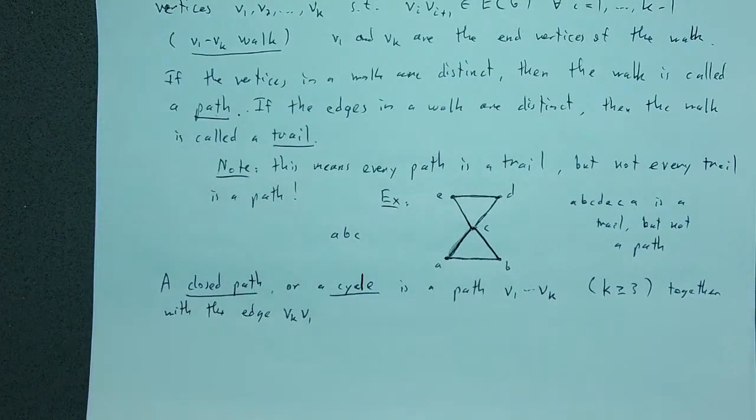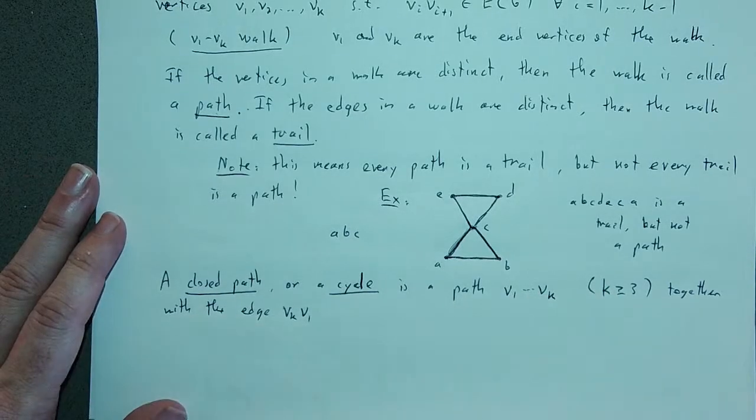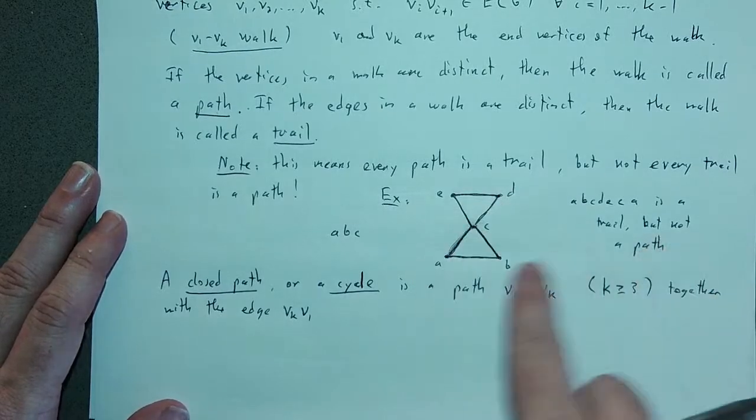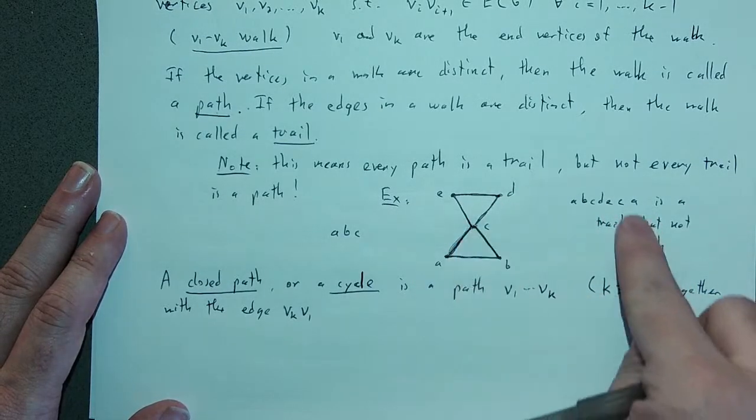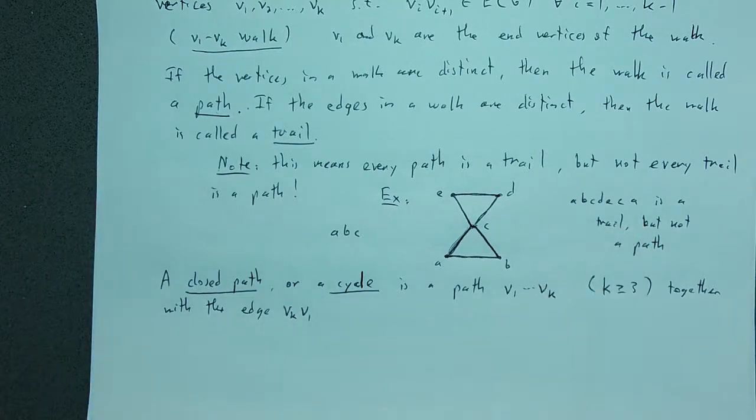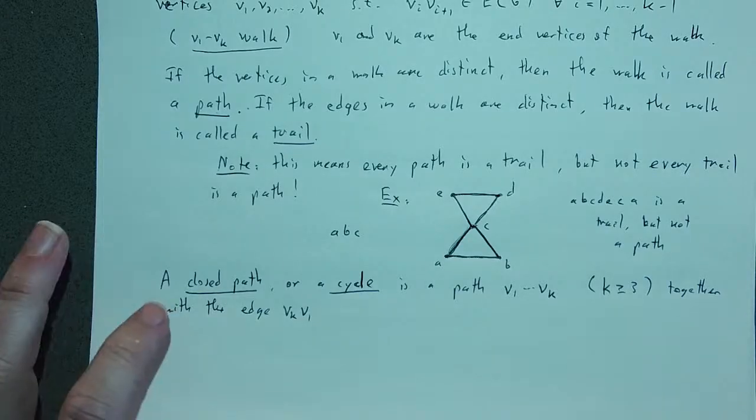My definition of path would have to be much more annoying to make that work. So this is why we do this together with this edge. And that's what I was referring to here when I said, oh, you might think you can fix this by saying, oh yeah, just include that edge. But no, the C already repeats here, so there was no fixing this trail. Anyway, okay, so that's the definition of a cycle.